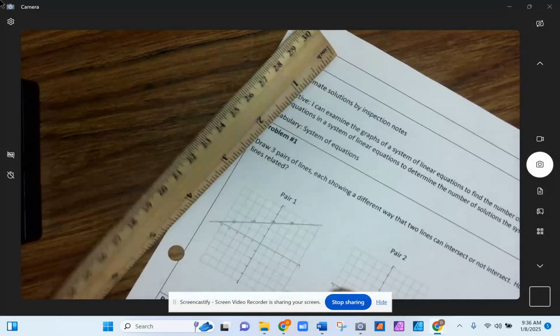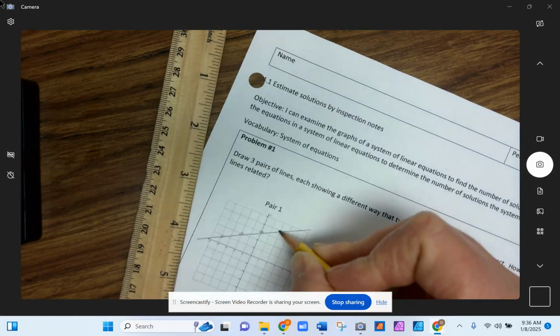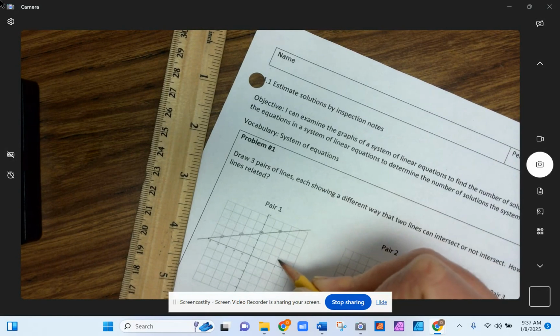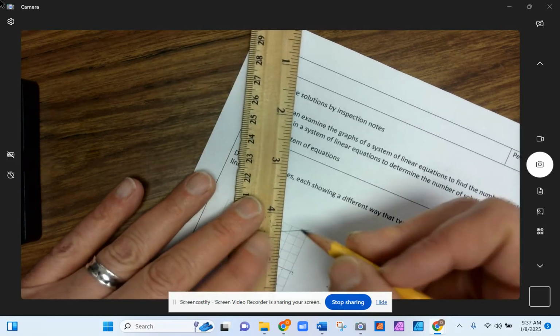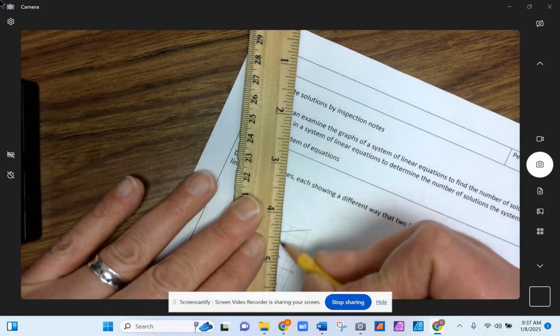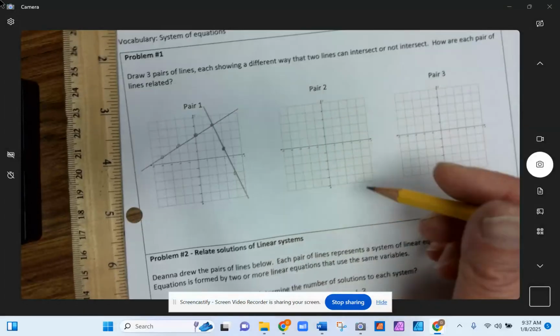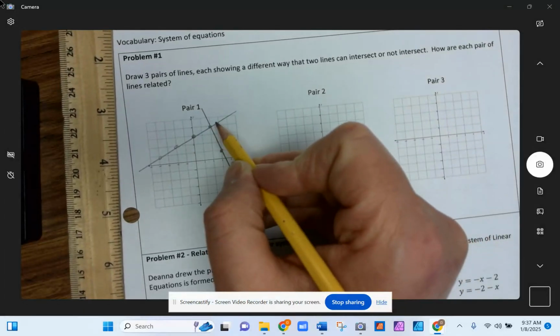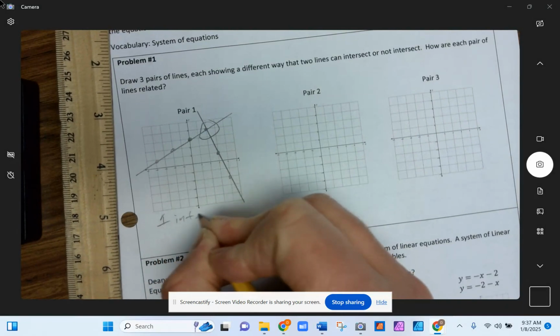And then I'm going to have another line that starts here, and then goes down 3, right 1. So that's a negative slope. The y-intercept will be off the grid here, but it doesn't really matter for this one. We're just drawing lines and seeing how they intersect or not, okay? So that's pair 1. We got one intersection.